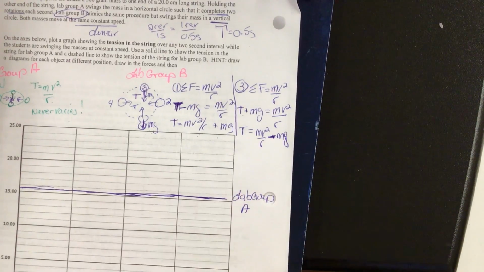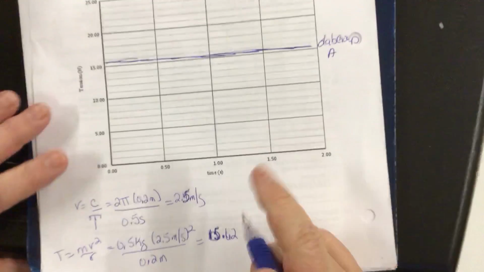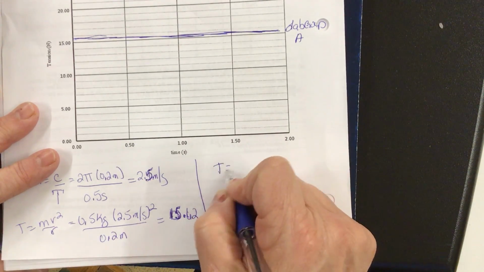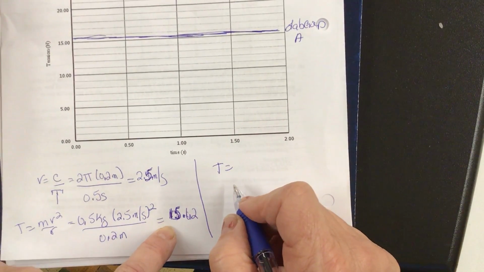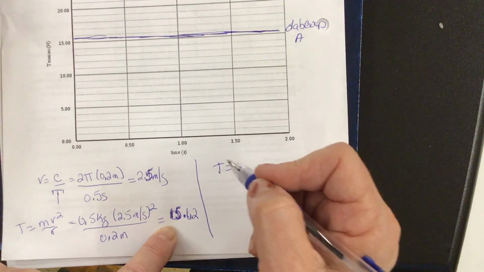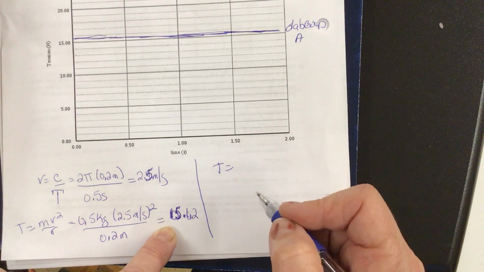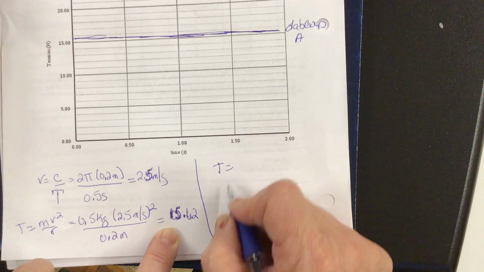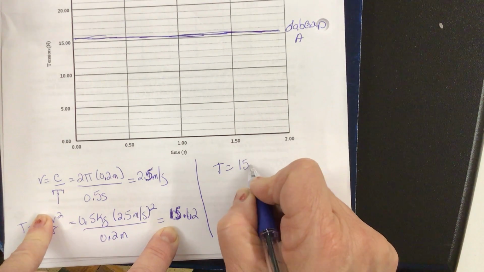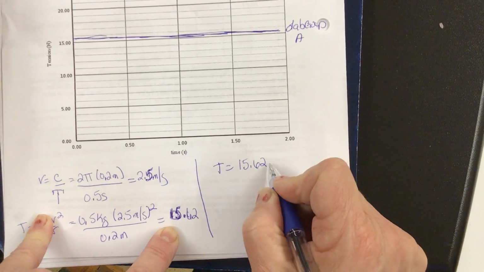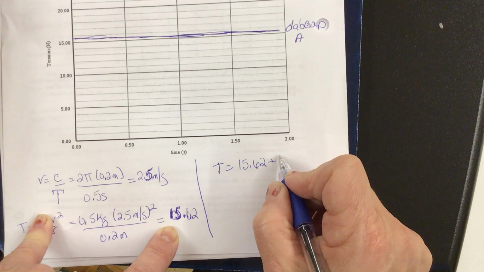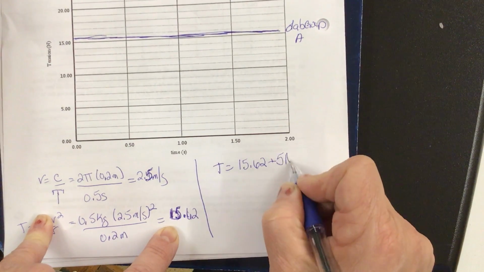So they're different. So for lab group B at position 1, well, tension is equal to, we don't have to recalculate centripetal force because it's the same mass with the same circumference and the same period. So we know that centripetal force is 15.62, and we need to add the weight, and that's 0.5 kilograms times 10 meters per second squared, so that's 5 newtons.